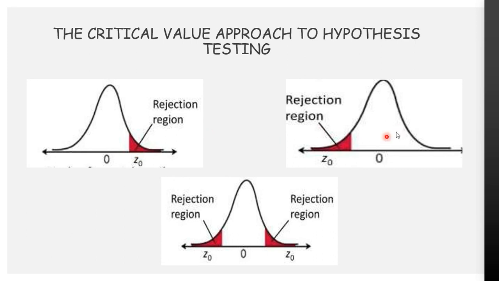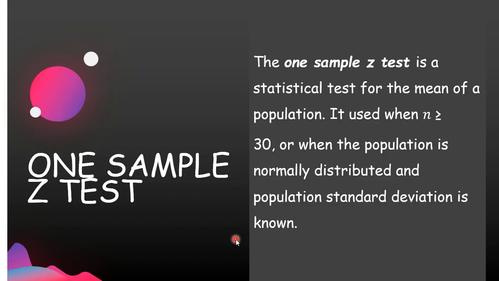This one is for the left-tailed, since it is on the left side of the normal curve. And on the bottom part of this slide is the two-tailed, since both sides of the normal curve have a rejection region. So that will be the introduction to hypothesis testing.